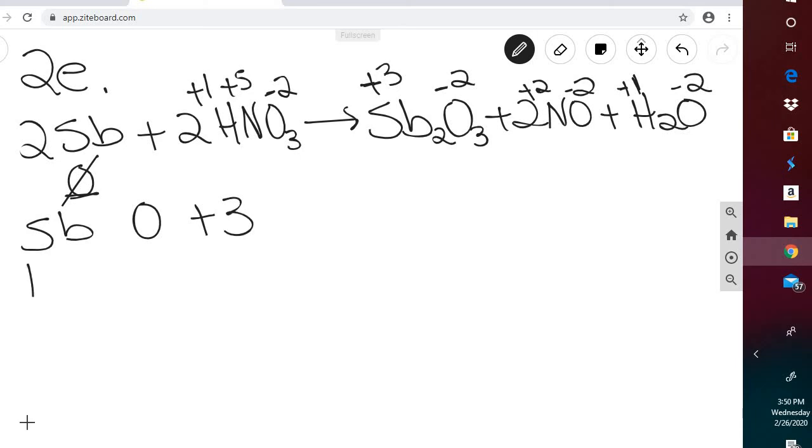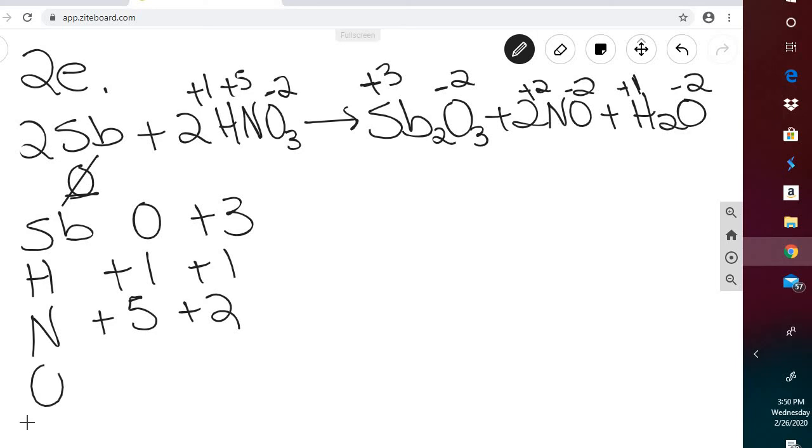The hydrogen was +1 and stayed +1 on the product side. The nitrogen went from +5 to +2, and the oxygen went from -2 and stayed -2. Every place we see it, it's -2.